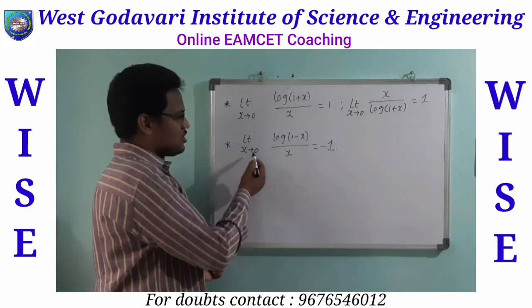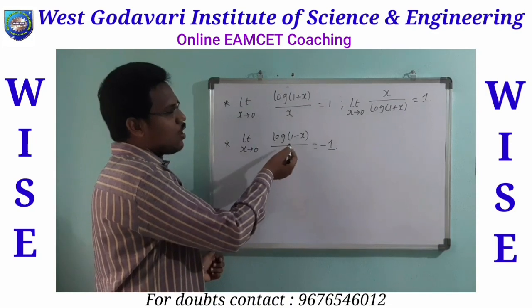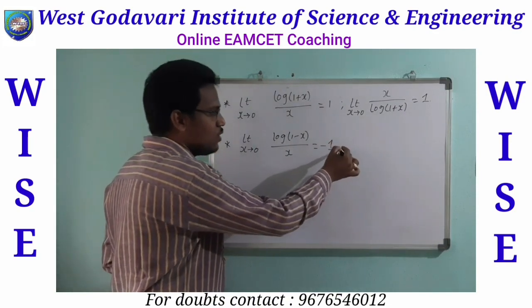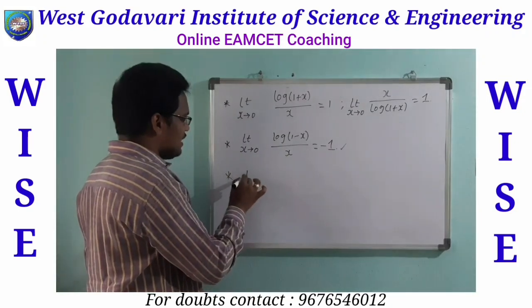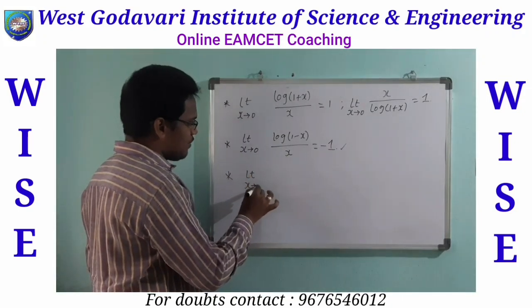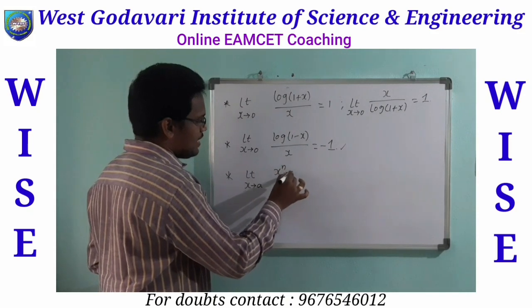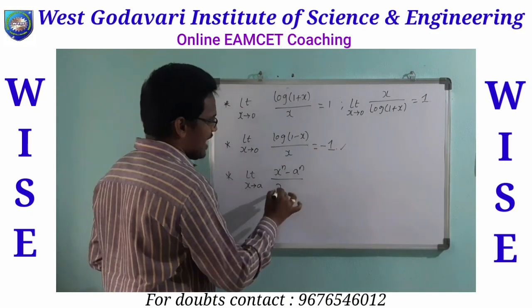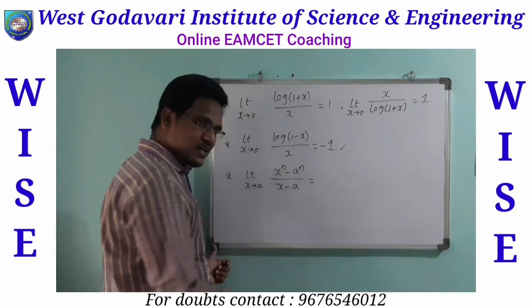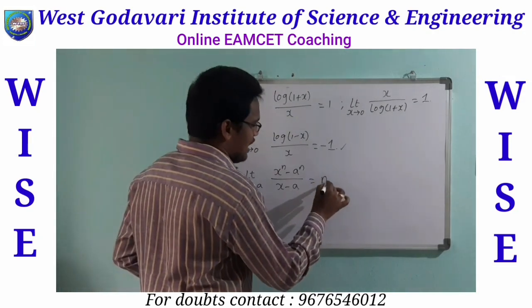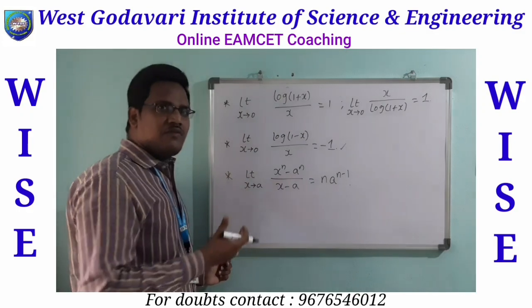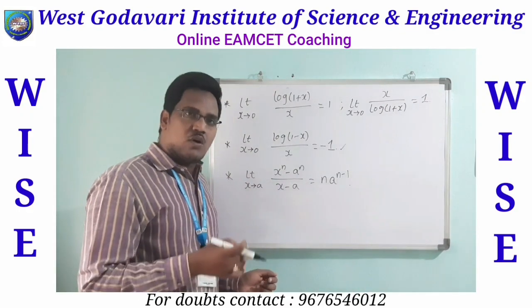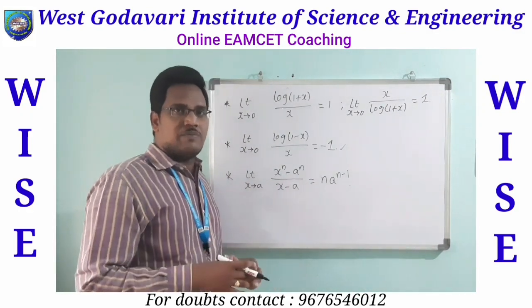Same as limit x tends to 0, x by log 1 minus x is also equal to minus 1. And the last property is limit x tends to a, x power n minus a power n by x minus a, which becomes n into a power n minus 1. These are some of the important properties to solve limits in a shortcut way.